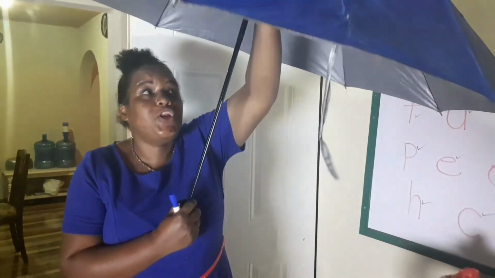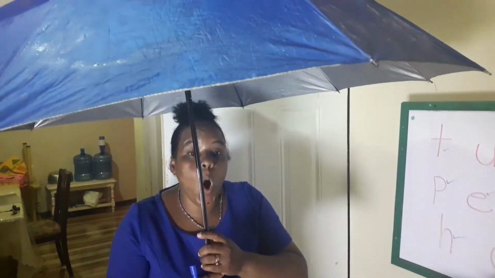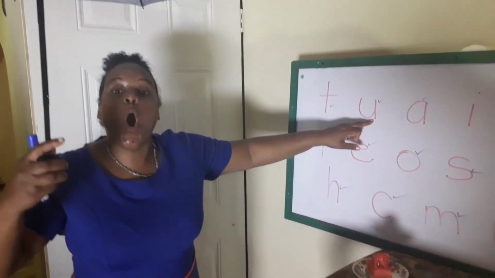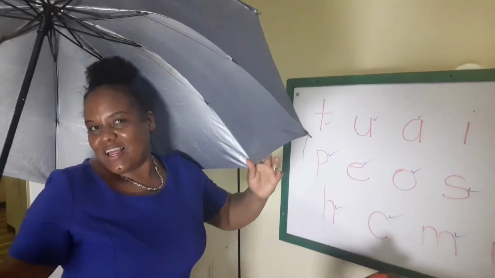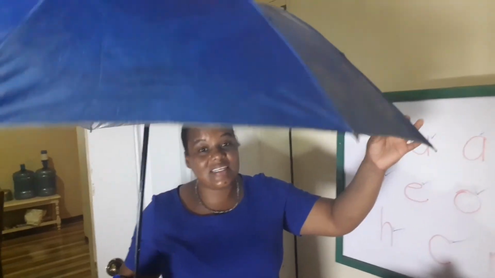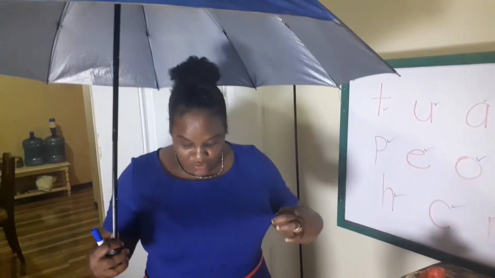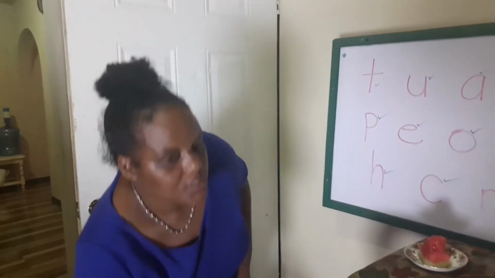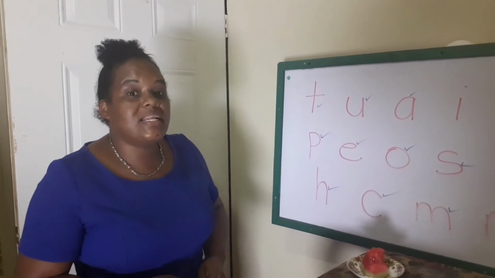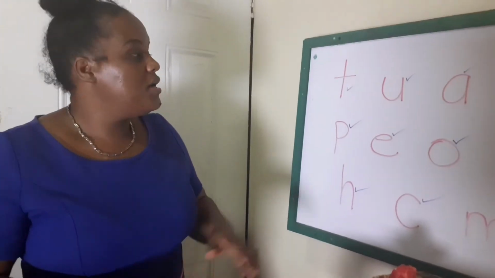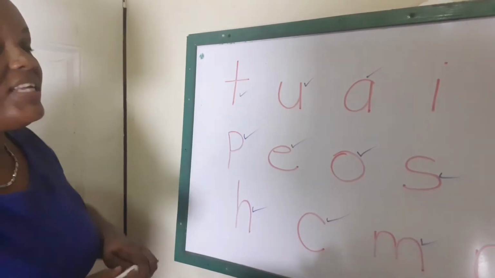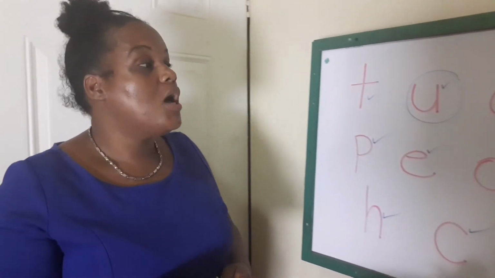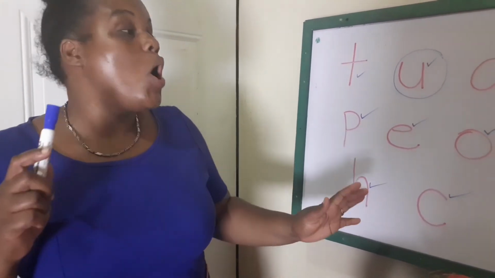I am under the umbrella, and under begins with the O sound, begins with letter U, and umbrella begins with letter U. The umbrella has the color blue, like my dress. So the sound at the beginning of the word umbrella is O, and it's letter U. U says O for umbrella and under.